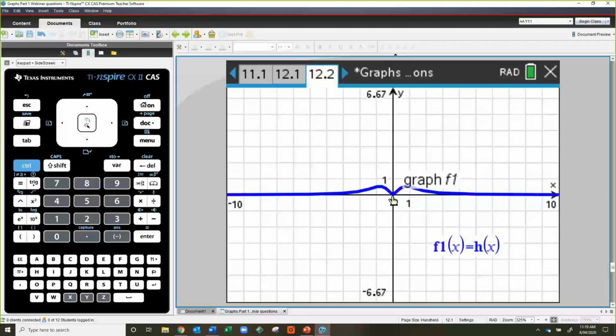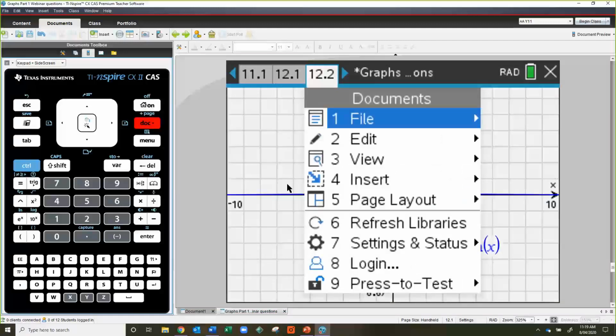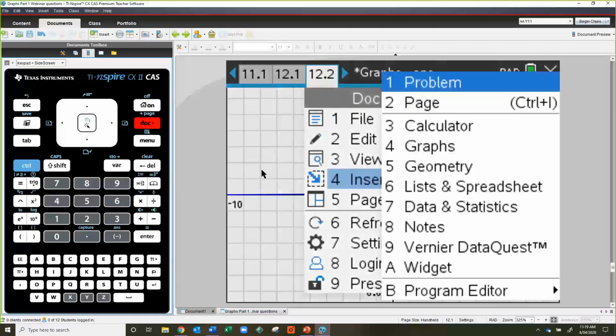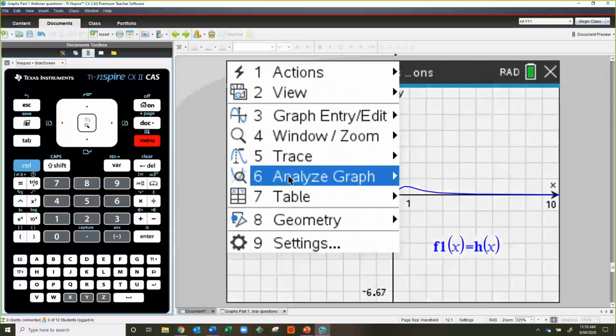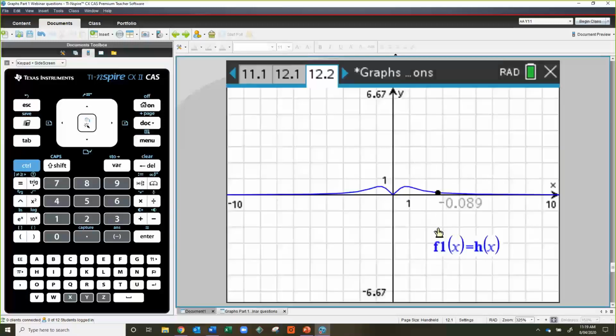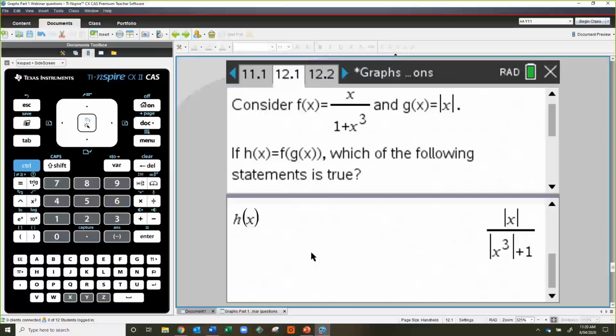Clearly looks like a sharp point at 0, so you could again try menu, analyze graph and dy dx, and if I enter 0, it tells me it's undefined.